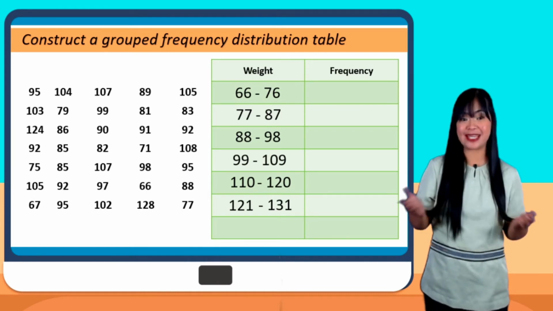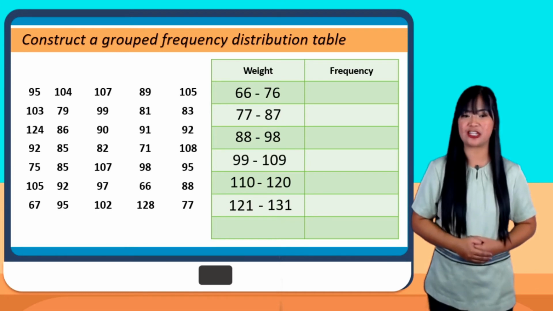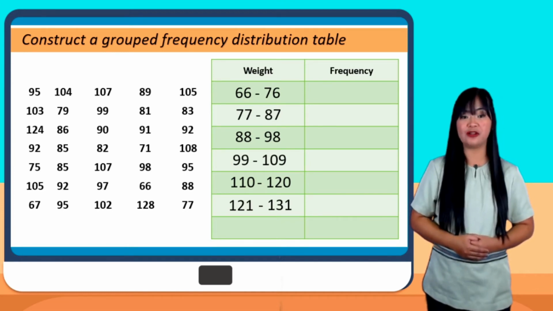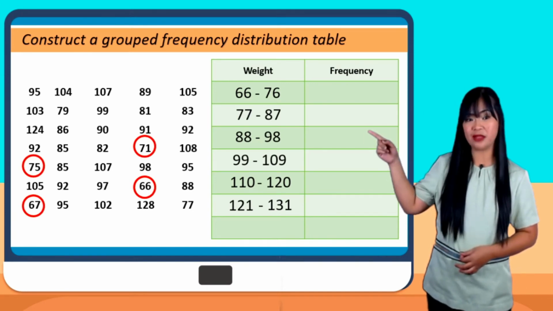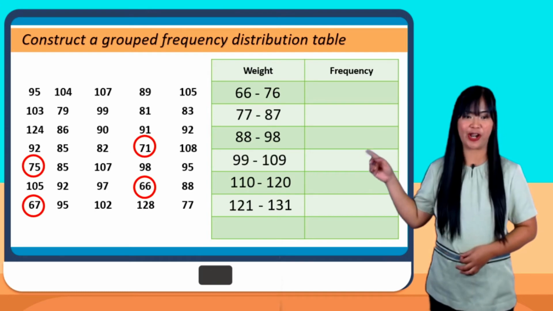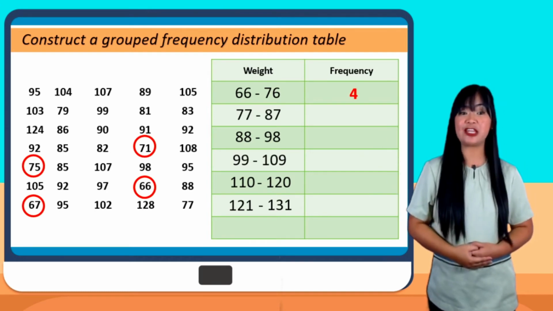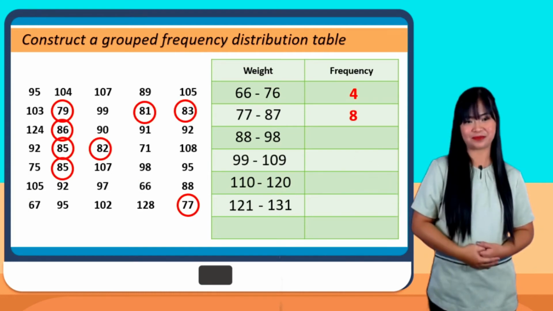Now that we have 6 groups, we can proceed to counting the frequencies for each group. Let us count. How many scores fall from 66 to 76? 1, 2, 3, 4. Then, we write 4. For 77 to 87, we have 8.